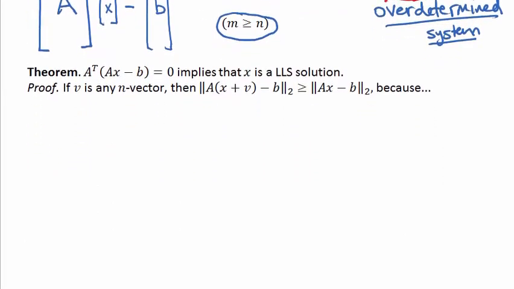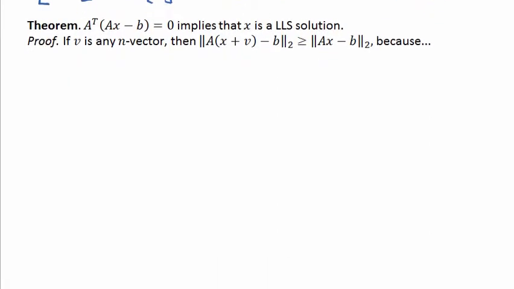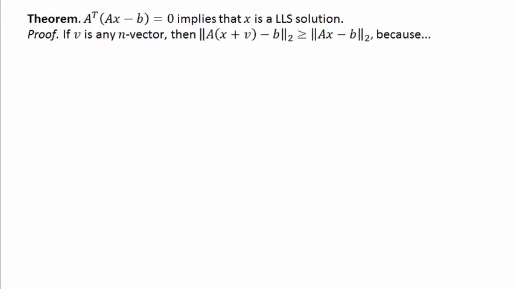There is, however, a simple characterization of the solution that we can use algorithmically. So there's a theorem that states that provided we can satisfy this condition with x, then if x satisfies that condition, then it's a solution of the linear least squares problem.